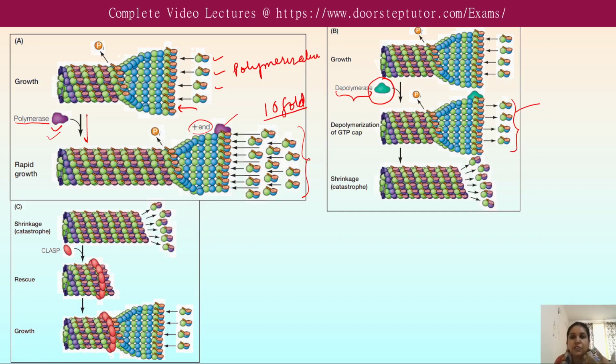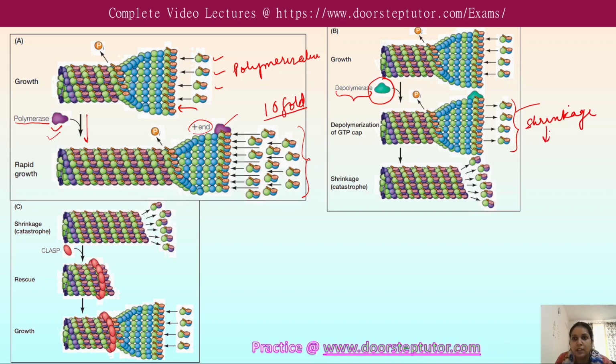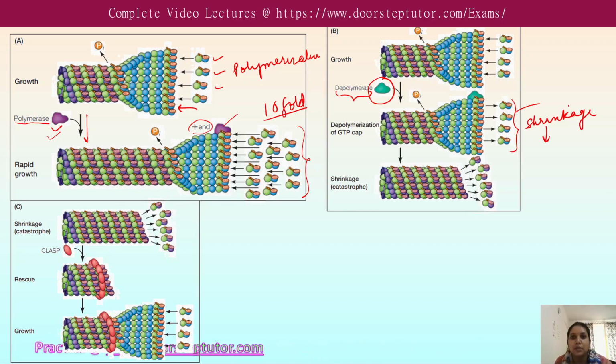As soon as this GTP cap is removed, they undergo the shrinkage stage. Shrinkage means the dimers are dissociating from the positive end of the microtubule, and therefore this is responsible for the shortening of the microtubule, or we can say the catastrophic effect.